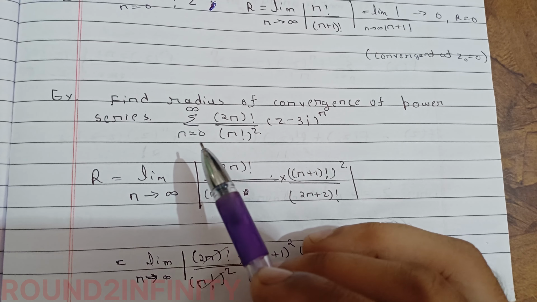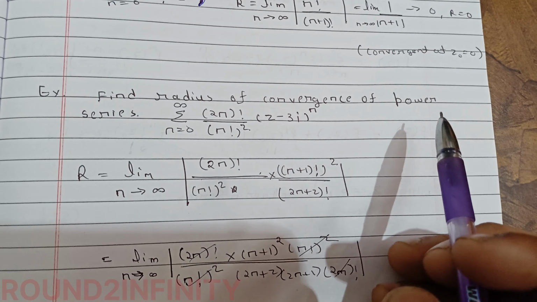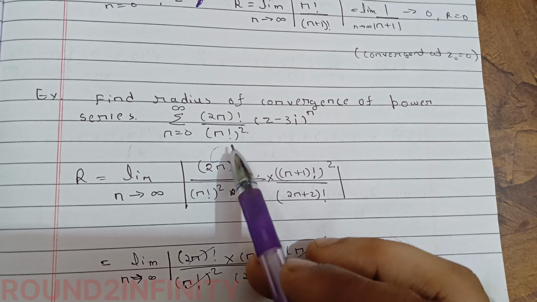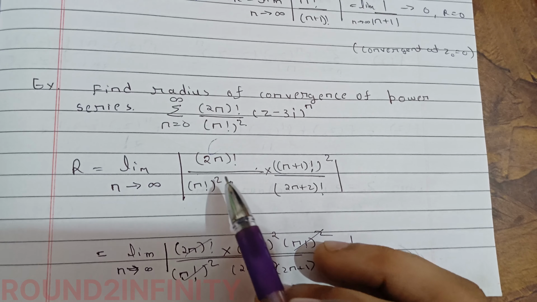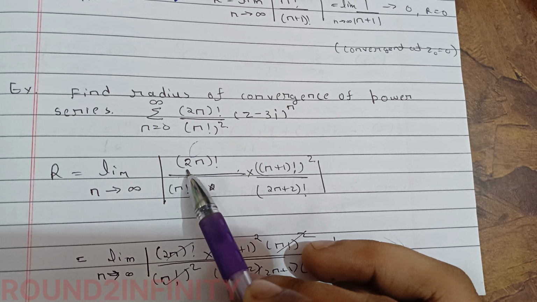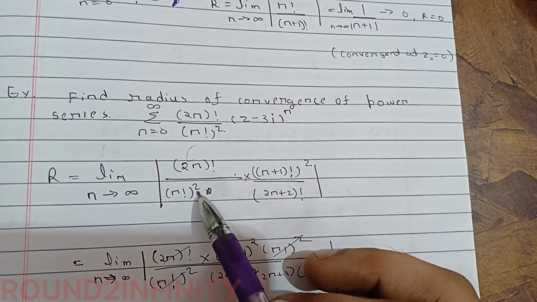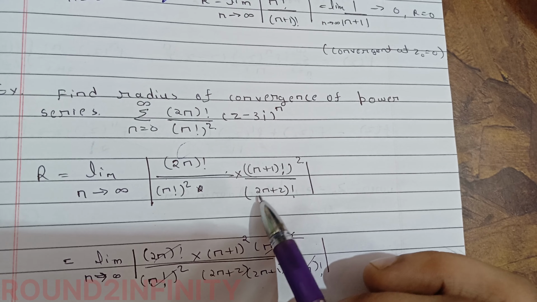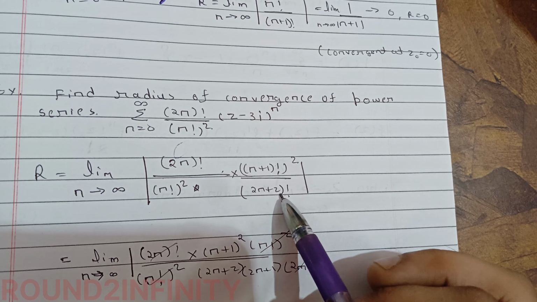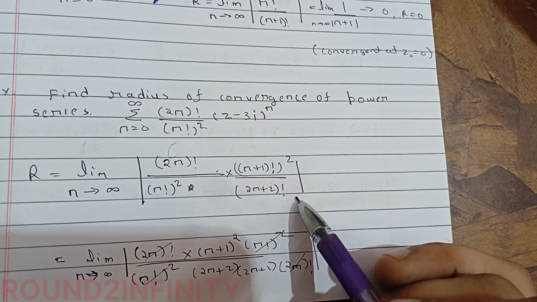Now let's take one more example. Find the radius of convergence of the power series this. So here our an is 2n factorial divided by n factorial square. So let's take an divided by an plus 1. So it will give you 2n factorial divided by n factorial square, divided by, for n plus 1, 2n plus 2 means it will be 2n plus 1. So it will give you 2n plus 2 factorial divided by n plus 1 factorial square.